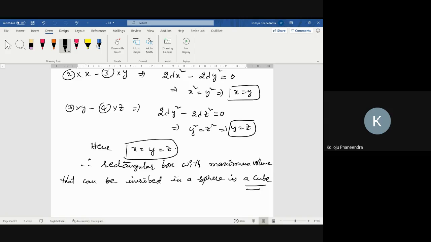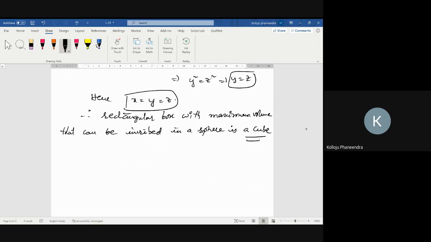Yeah, next problem, let me consider a two-conditions problem.